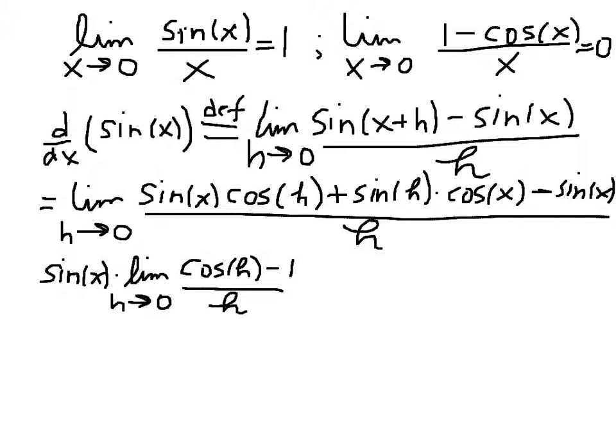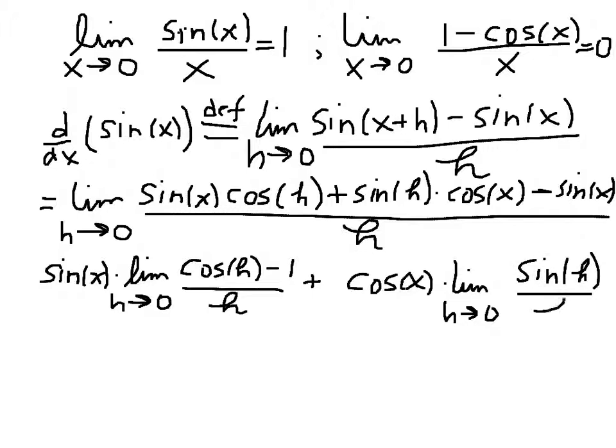And then, at this point, I just have this chunk left, and I can take cos x out and write this as cosine of x times the limit as h goes to 0 of, look what we have, sine of h over h.